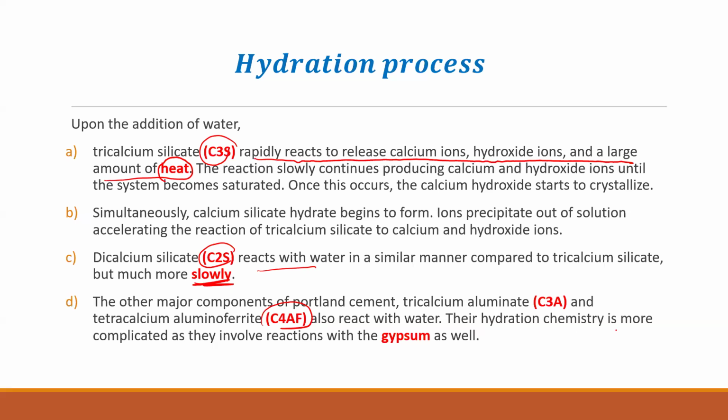Their hydration chemistry is more complex as they involve reaction with the gypsum as well. It's not only reacting with the water, it is reacting with the gypsum as well. Gypsum is another material that we add to the cement. I told you we are adding gypsum to the cement because it's needed. I will show you what is happening with the gypsum reaction.